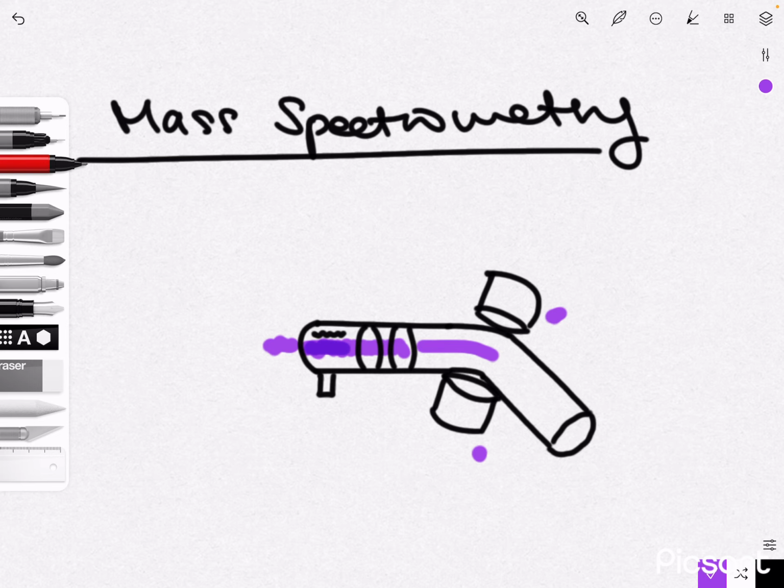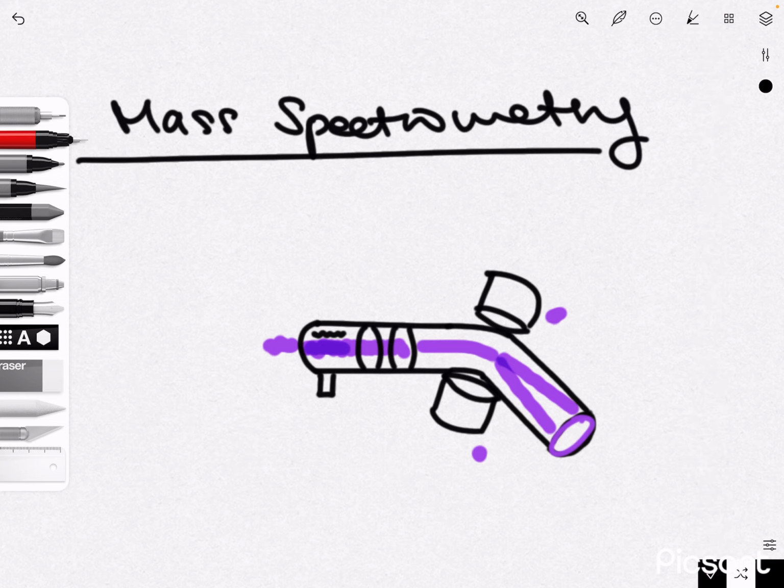What happens is that the lightest ions will deflect the most. These will bend the most, ending closer to here. Whereas heavier isotopes or molecules will end up higher up here on our detector at the end of the tube.